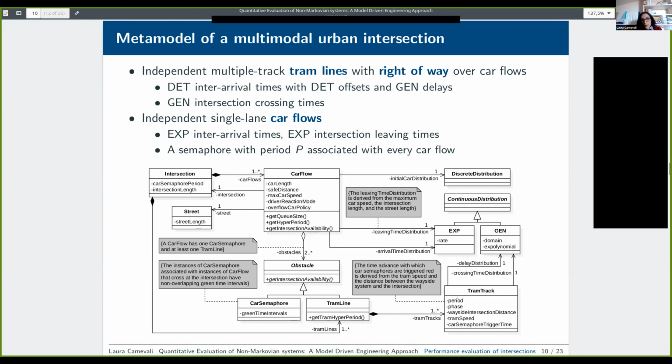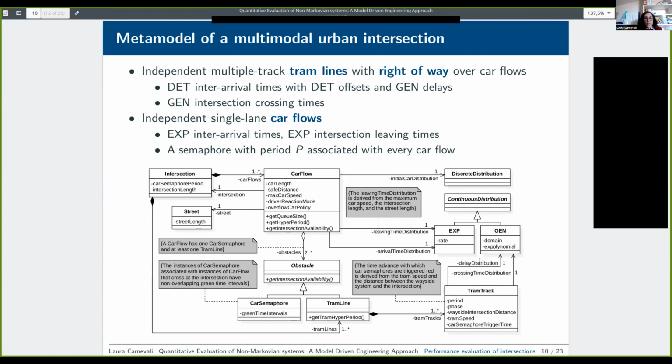And then we may also have a generally distributed delay, because, as we all know, trams are typically not exactly on time. And we also consider a general distribution for the time needed by trams to cross the intersection.